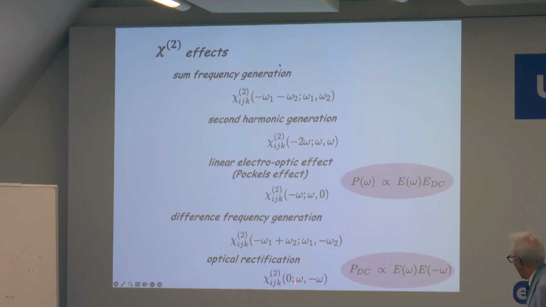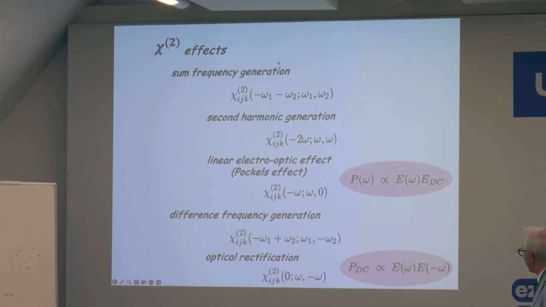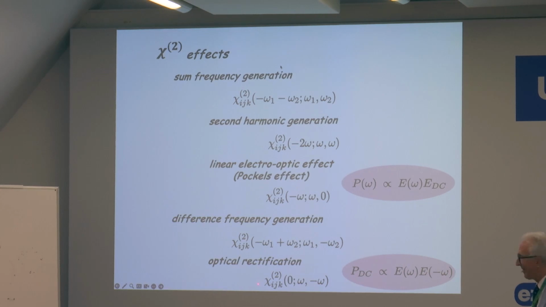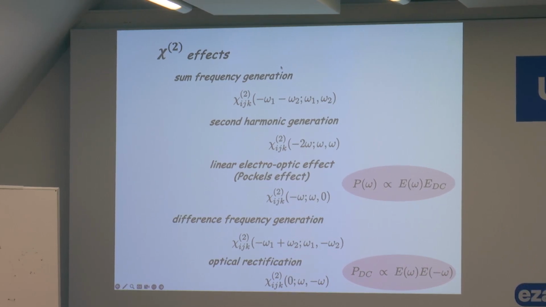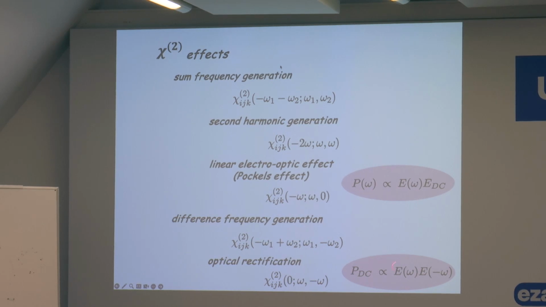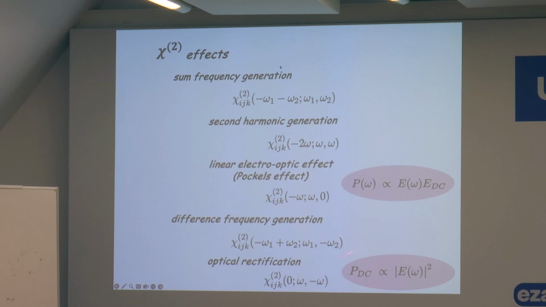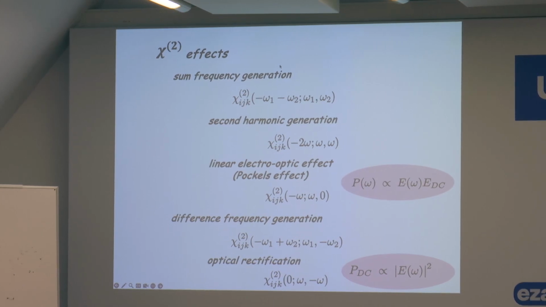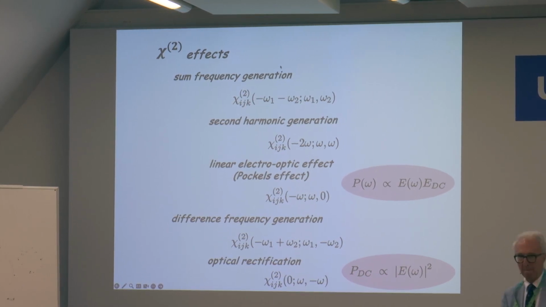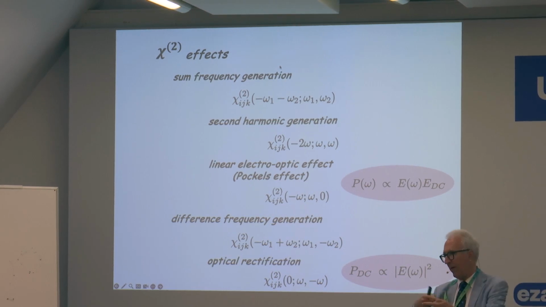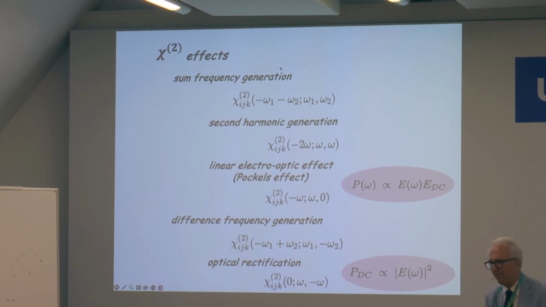And here I combine the field at omega and the field at minus omega to give something at 0. So here I produce a DC polarization. Okay? And you can see since E of omega is just E star of omega, this DC polarization is proportional to the intensity. And I can do that whether the beams are going in the same direction or different directions. Depends what I want to do.